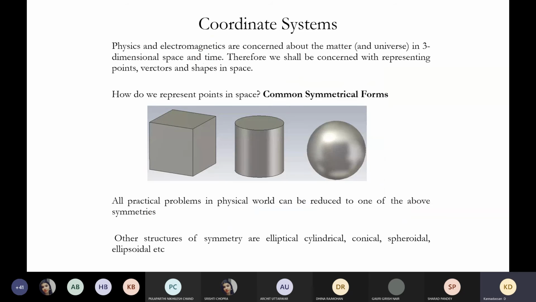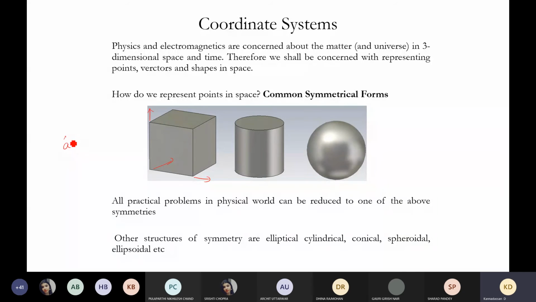Coordinate systems, I believe you all know about that. Three important coordinate systems are rectangular, cylindrical, and spherical. These coordinate systems are supposed to define a particular point clearly without any ambiguity. The important aspect of a coordinate system is orthogonality. All the unit vectors of the coordinate system are supposed to be orthogonal to each other.